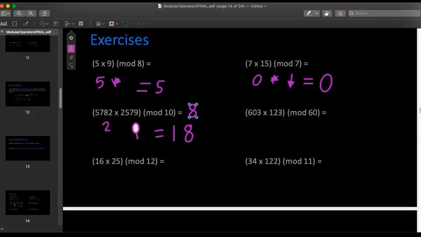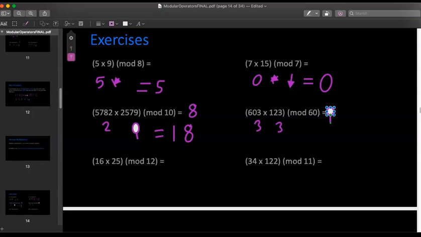Okay, so 600 divided by 60 is 10, and the number left over from that is 3. 120 divided by 60 is 2, and the number left over from that is also 3. So when you multiply those numbers together, you get 9. So the mod of the equation is 9.